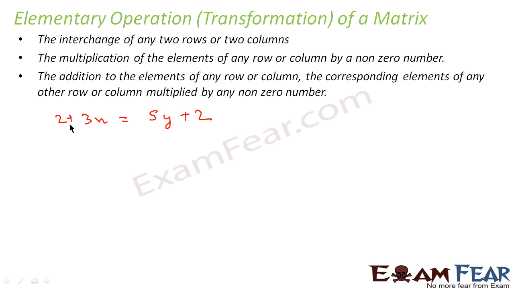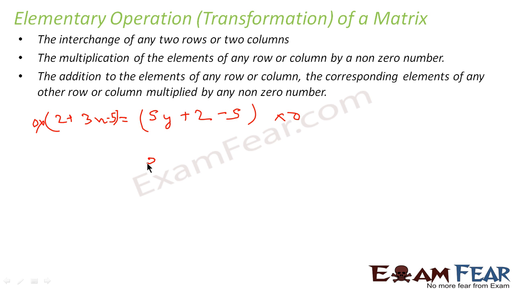On an equation, I can add a number on both sides and I can subtract a number on both sides. But I can't multiply by 0 on both sides. This is not a correct operation. If I multiply by 0 on both sides, both become null, which doesn't make sense.